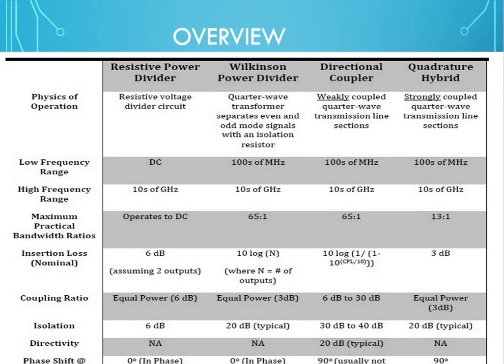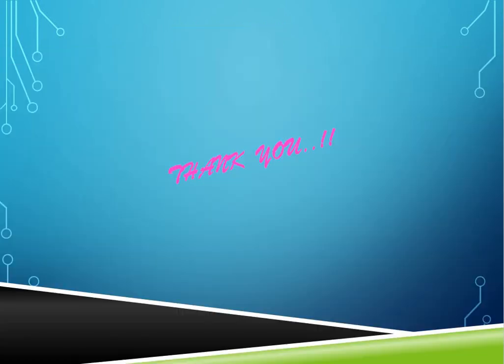You can see the various uses of particular devices and the phase shifts available in the devices, because the resistive power divider and Wilkinson power divider don't have any phase shift, they are in phase, but the directional coupler and the quadrature hybrid have a 90-degree phase shift, and the practical bandwidth ratios also differ from one to the other.